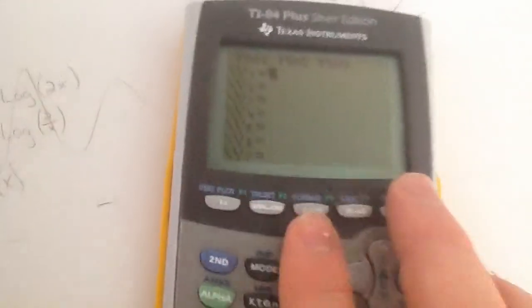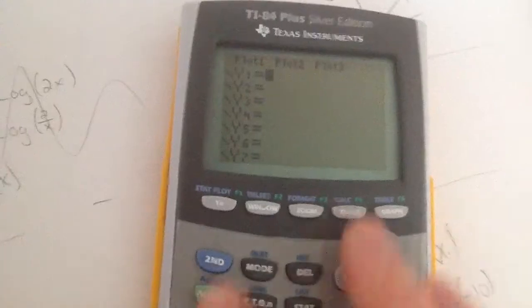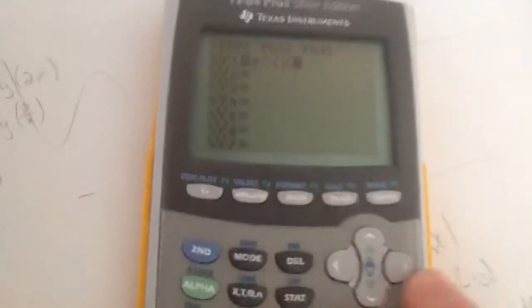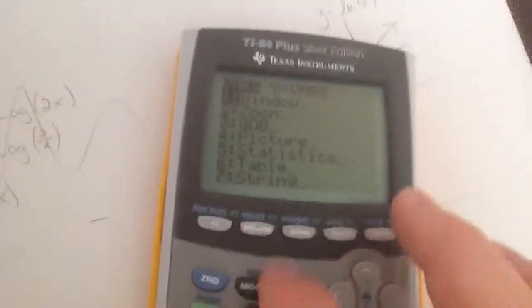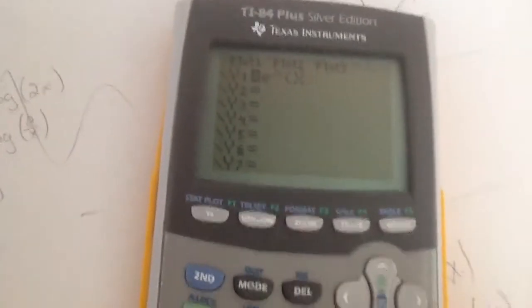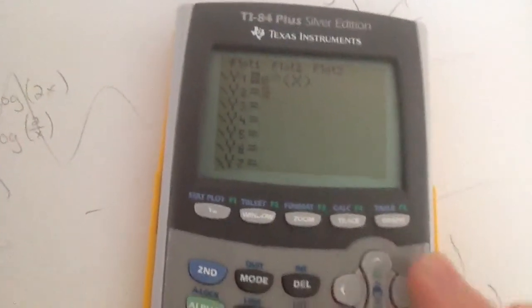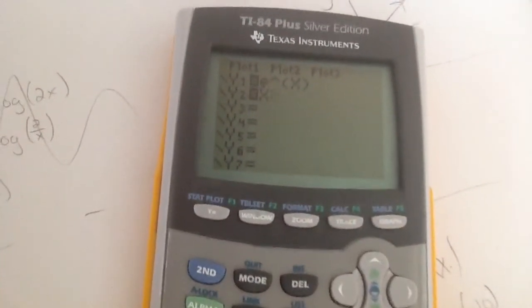I guess I should show you on the calculator. To find the intersection point of two curves, I'll just do like y equals e to the x, and y equals x.